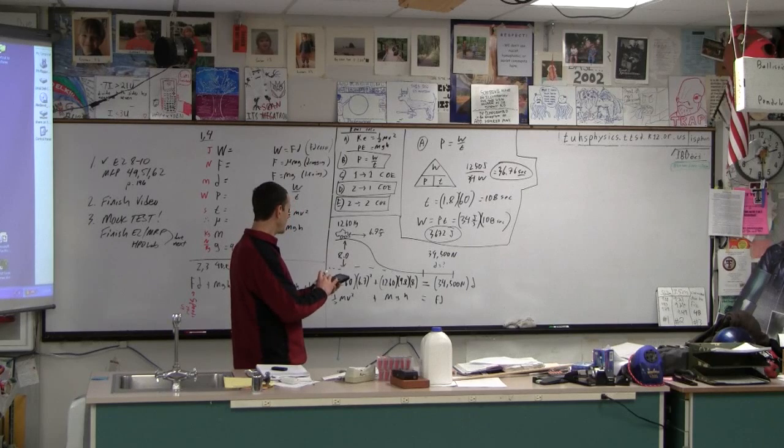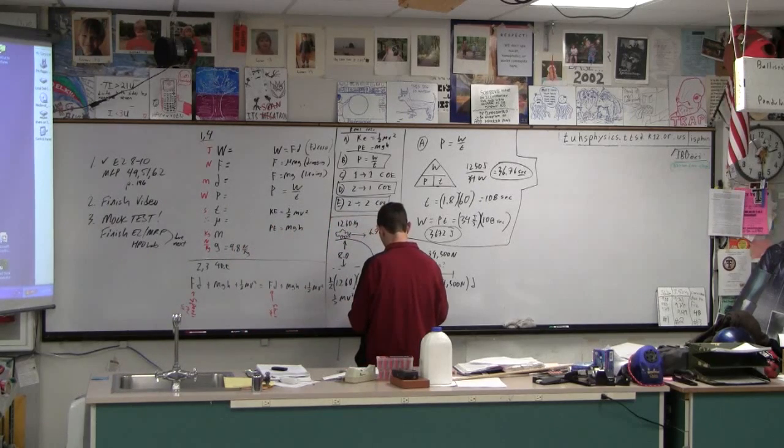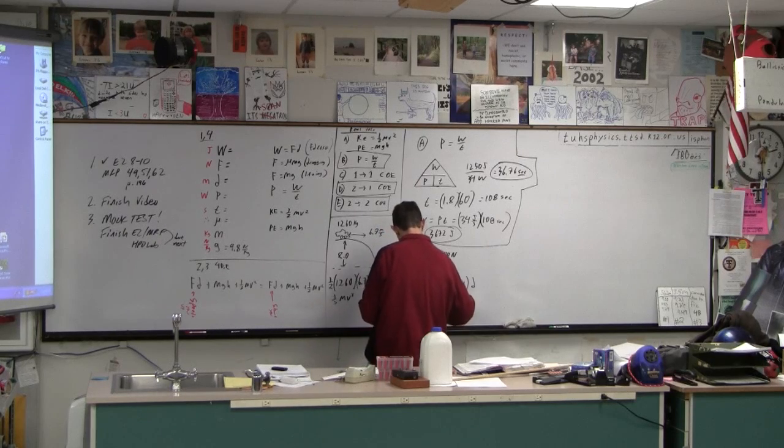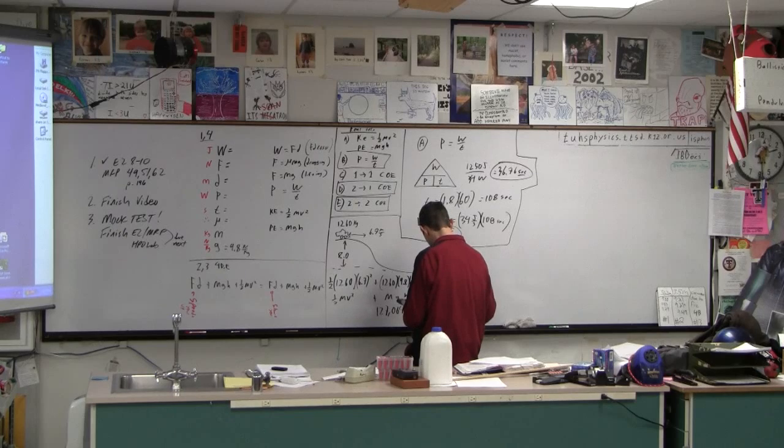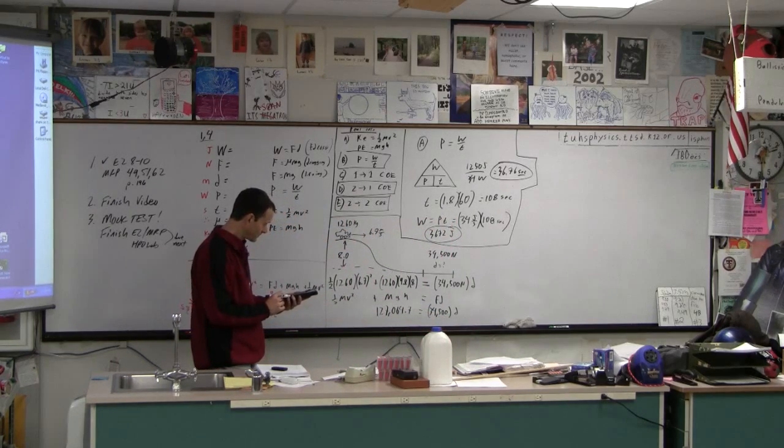So if I do this side here, I'm going to do it all in one fell swoop. This whole side is, and now I'm going to divide by 34.